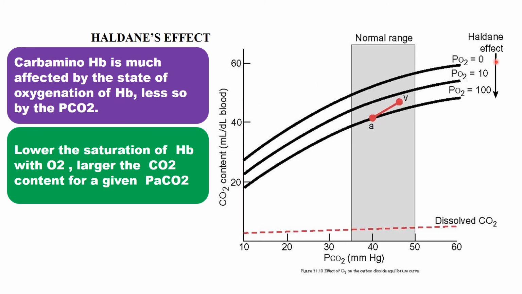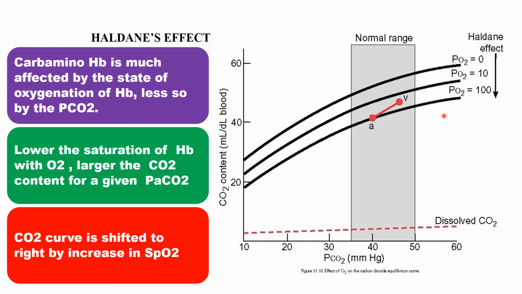So with the lowering of the saturation of oxygen, more carbon dioxide is binding with the hemoglobin to form the carbamino form. This curve is shifted to the right by an increase in SpO2. We can see at the level of 0, then shifting to the right at the level of 10, then further shifting to the right at the level of 100.